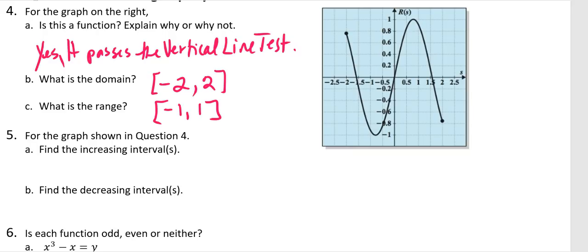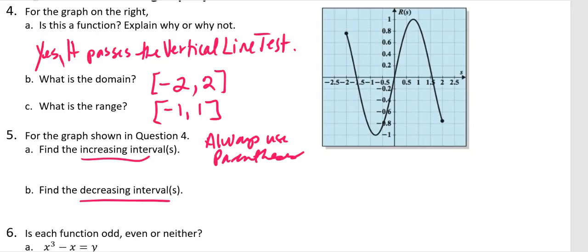Okay? Now, increasing and decreasing intervals. Reminder, with increasing and decreasing intervals, you're going to always use parentheses because we don't include the ends, we don't include the valleys or the mountaintops. So let's look and see where our slope is increasing. Where is it going uphill? See, we're going uphill in this area. Now, the trick on describing an interval is you use the x-axis to describe it.